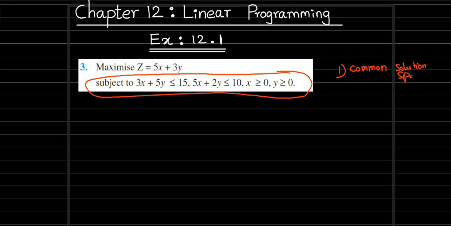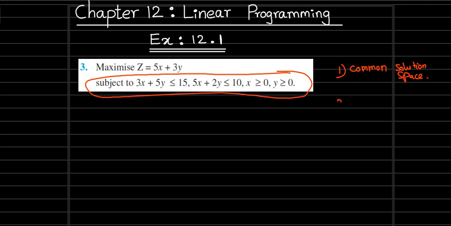That common solution space, technically, we call a feasible region. If the feasible region exists for all four inequalities, then a solution exists. If there is no common solution space, then there is no solution for the given z.